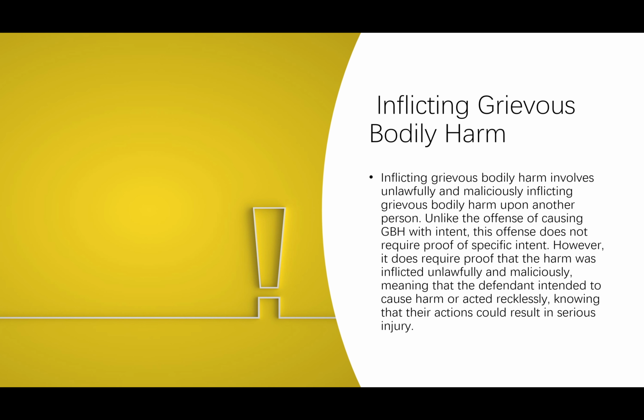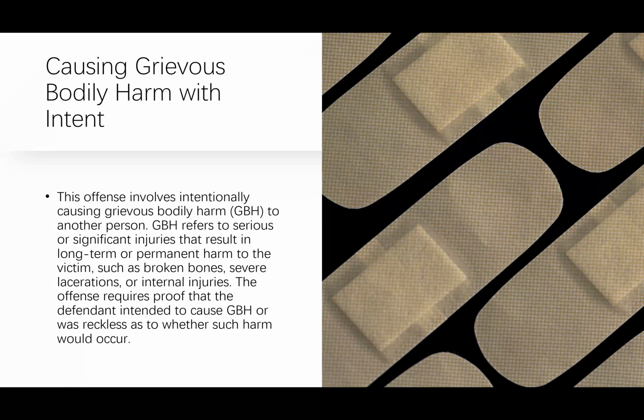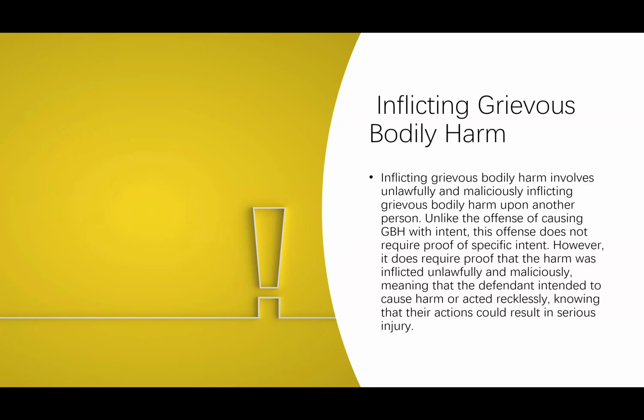However, it doesn't necessarily require proof that the harm was inflicted unlawfully or maliciously, meaning that the defendant intends to cause harm or acted recklessly, knowing that their actions could result in serious injury. So you can have specific intent and it can be without specific intent. This side looks at what grievous bodily harm is, and now we're looking at how it is inflicted onto a person.